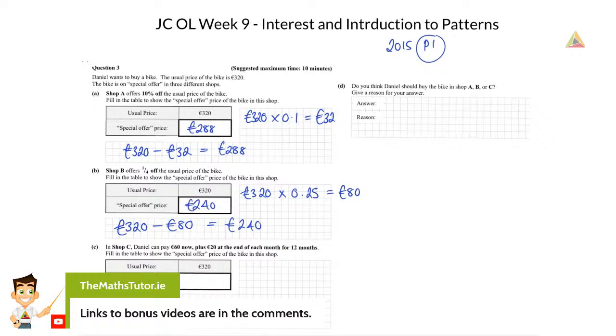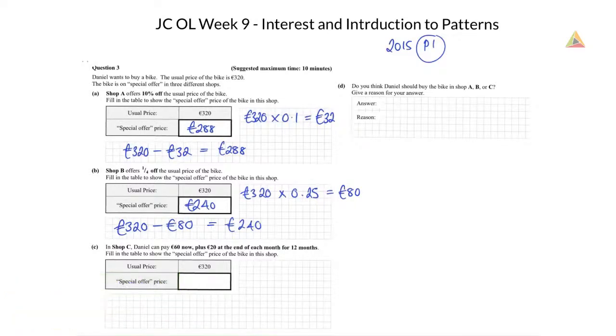And then finally, in shop C, Daniel can pay €60 now, plus €20 at the end of each month for 12 months. Fill in the table below to show the special offer price of the bike in this shop. Okay, well, he's going to pay €60 now, so that's €60 plus €20 at the end of each month. So we've got 12 months in total, so it's going to be €20 by 12.